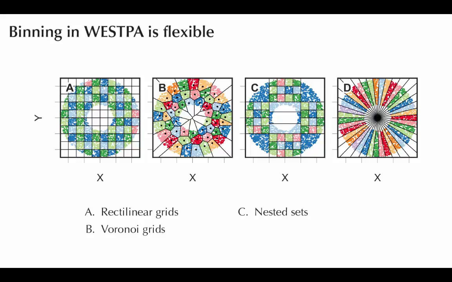And finally, I guarantee you that at some point, someone's going to think, well, I've got this crazy progress coordinate, and I've got to bin it in this really interesting way, and nothing that you provide gives me a way to do that conveniently. Well, we also give you the option: if you can write a Python function that maps some coordinate to an integer, then we can bin on it. This is a contrived example.